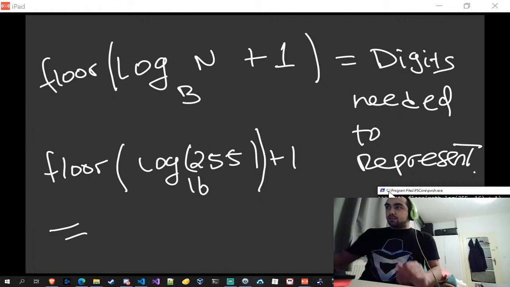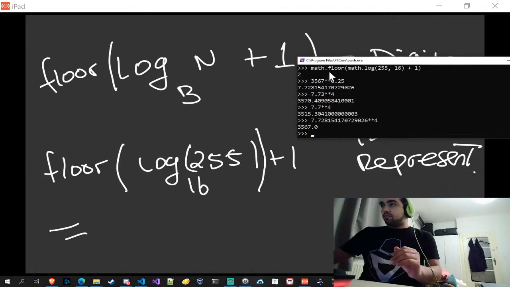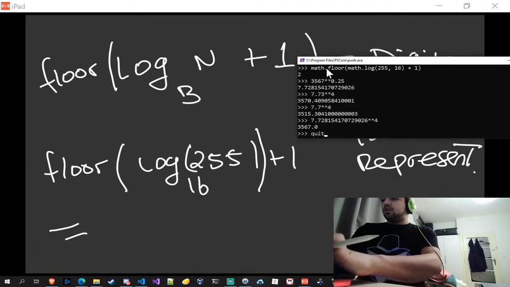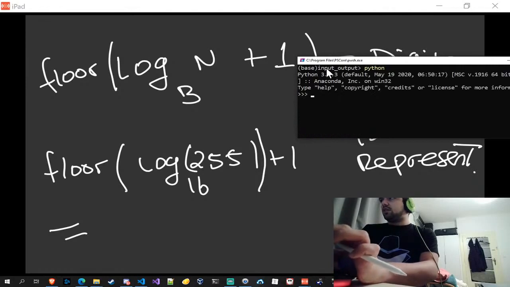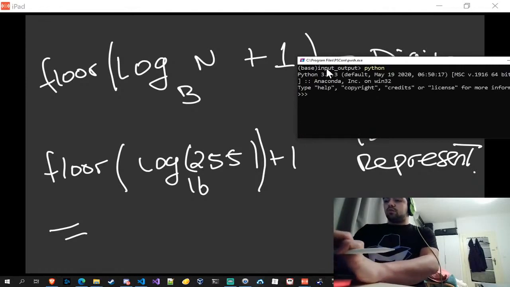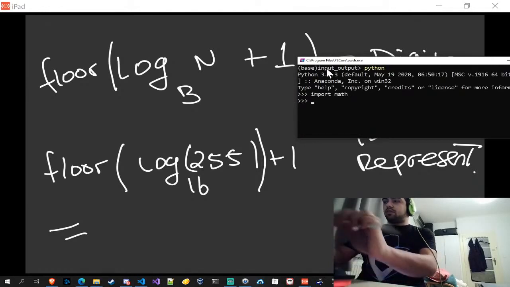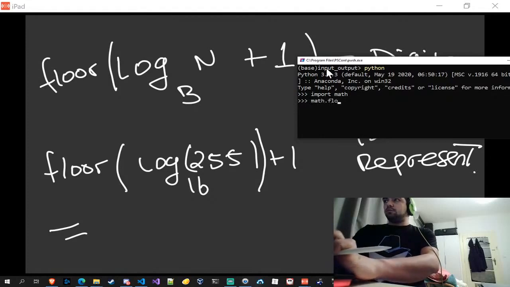As we do this, let's do this with our Python. So I'm going to quit just so I can do this. Okay, so let's import math, because math is going to be used to floor, so math.floor. So this is going to floor this, and we're going to have math.log of 255 in base 16.